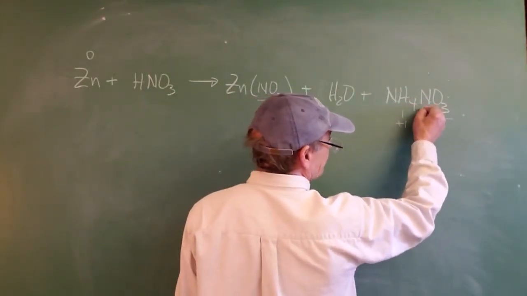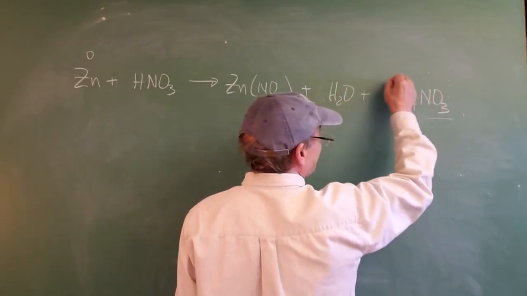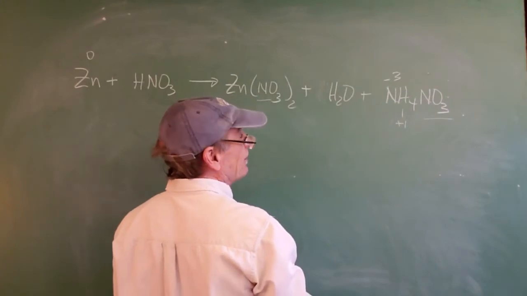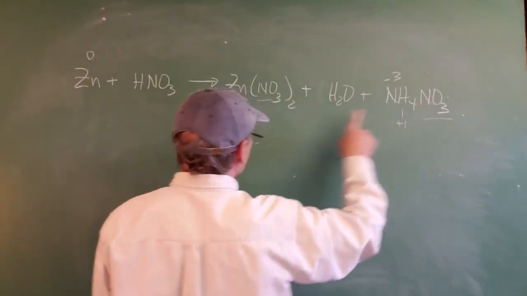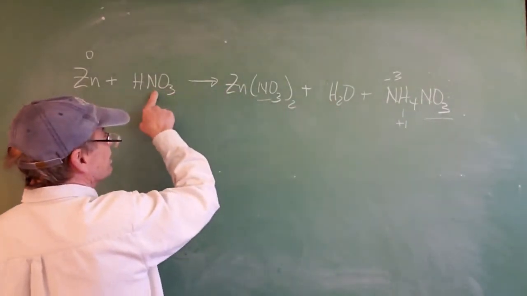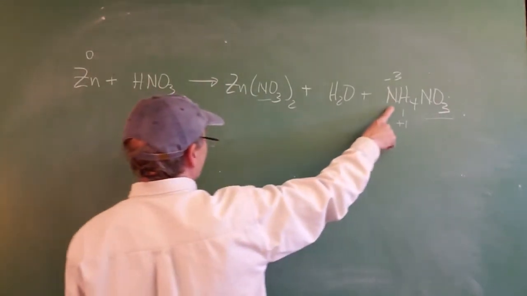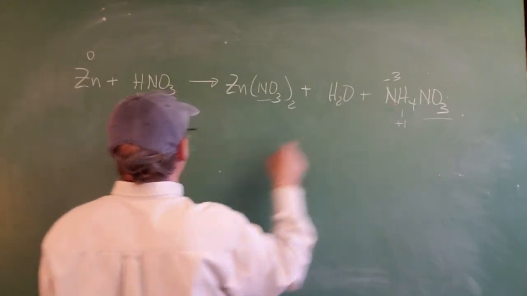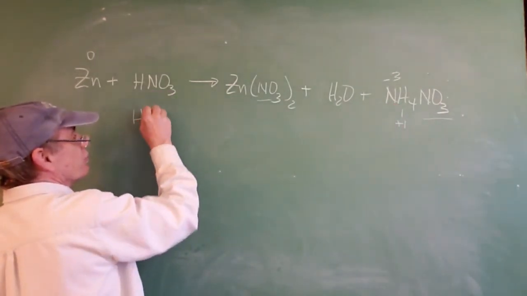If this nitrate group is a -1 in its totality, then this nitrogen has to be a -3 nitrogen. All right, well, then the nitrates are just along for the ride, except for one of them has to end up here. Well, if that's the case, then I think I'm going to make 2 piles of HNO3.